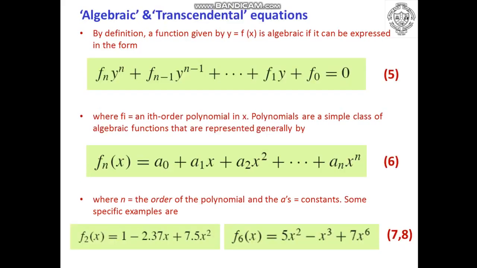Now let us try to understand the meaning of algebraic and transcendental equations, which we have used in the previous 2-3 slides.